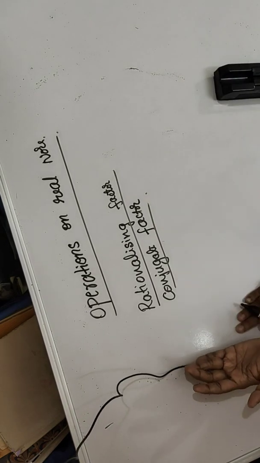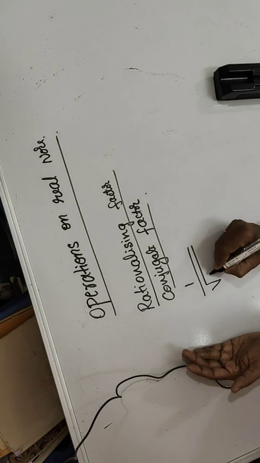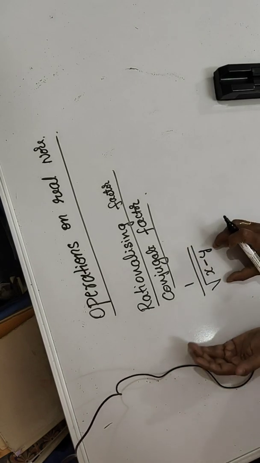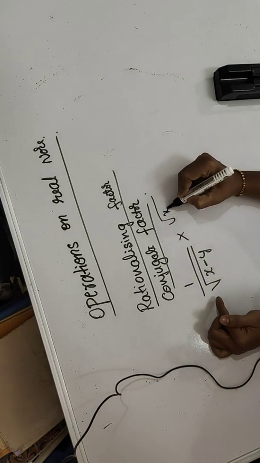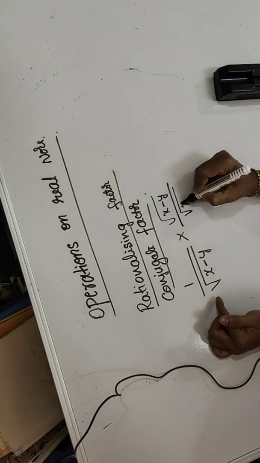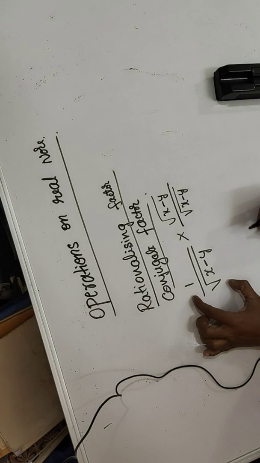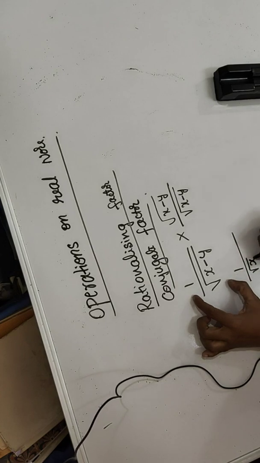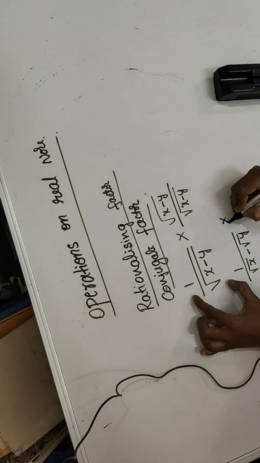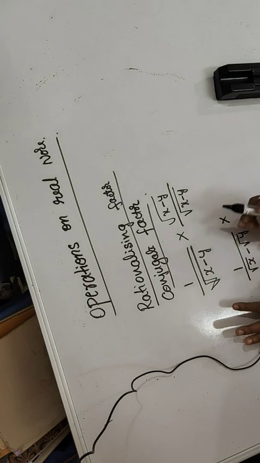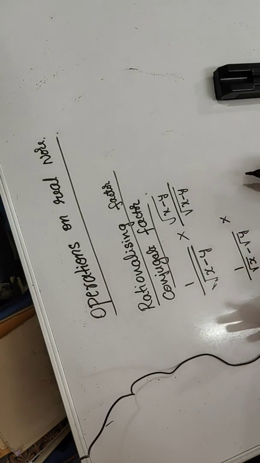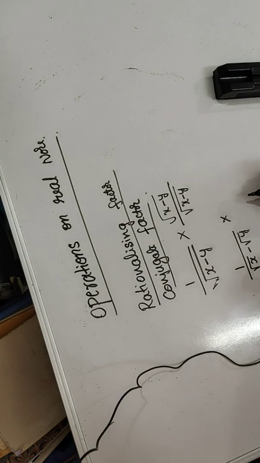Next, see, when it comes like this, a single root with x minus y inside the single root, then the conjugate factor is this itself. Observe carefully, this is different. Now I am giving one more question. This question contains x minus y within a single root, but this question contains x and y with different roots, meaning the roots are separated by the minus sign.